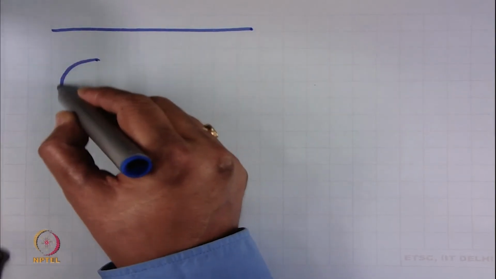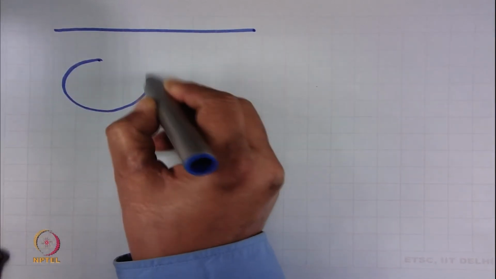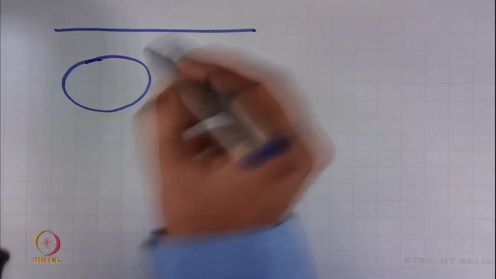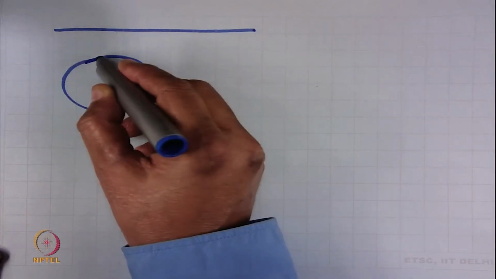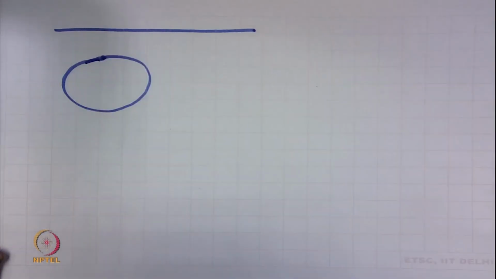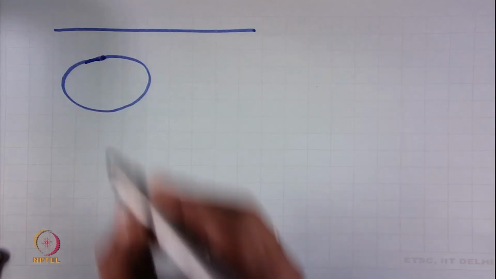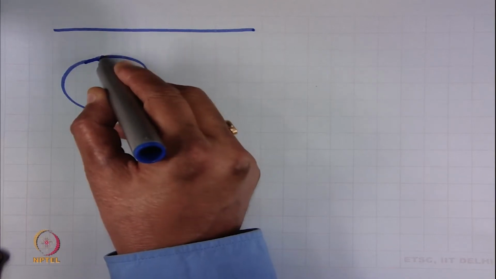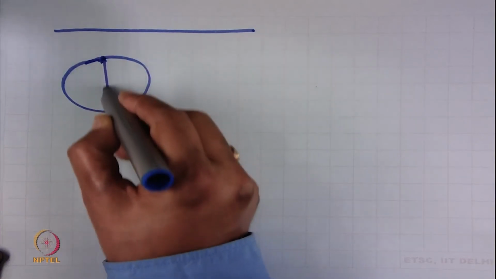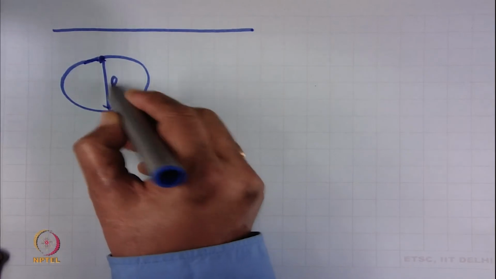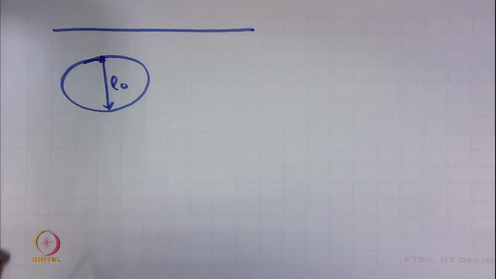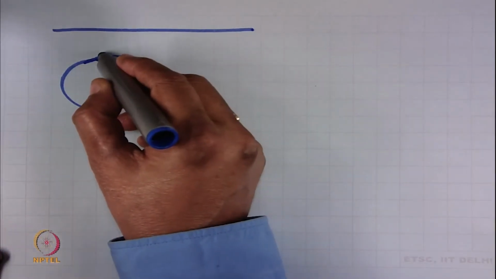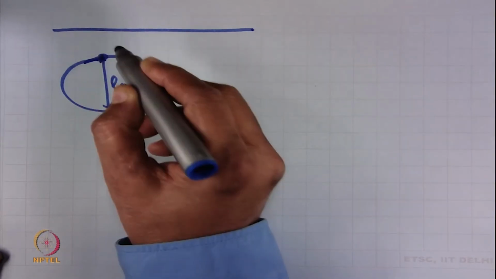One is, suppose we are making a loop form, this fabric has been formed in the form of a loop. This is the ring loop, where the undistorted length, this length, is L0, and this is the joining point.